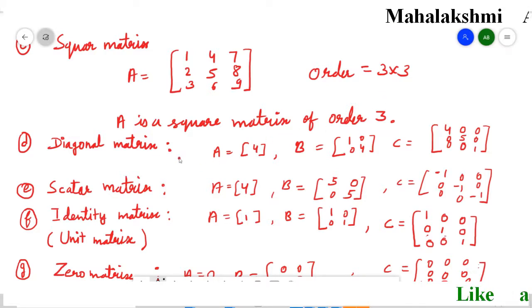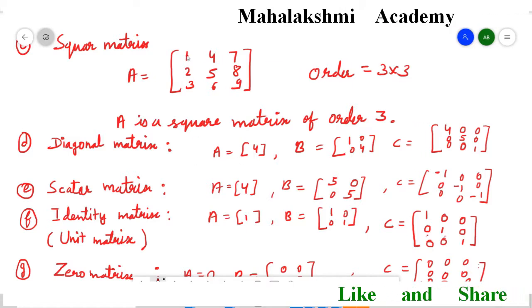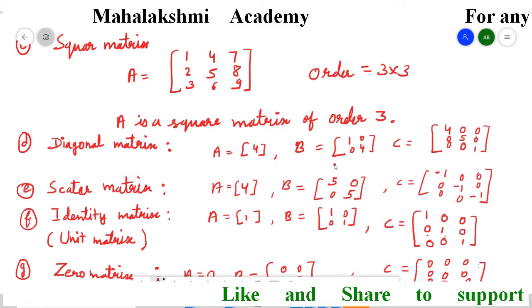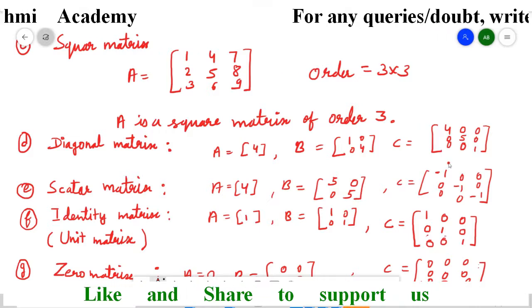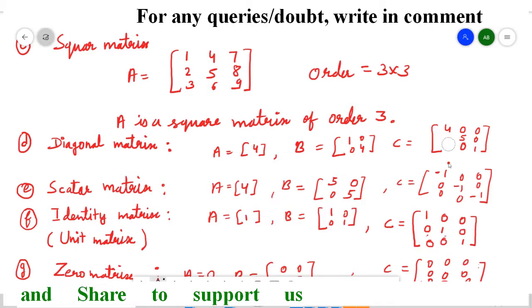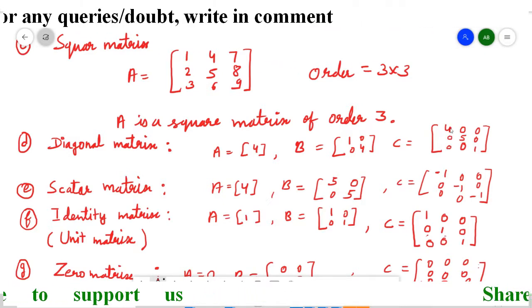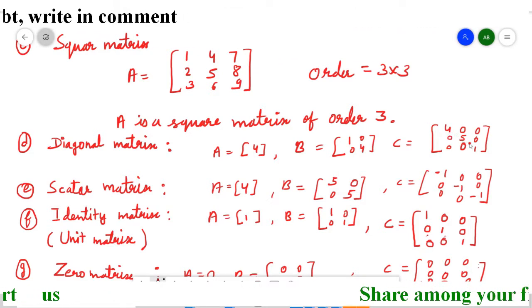Now the diagonal matrix. A diagonal matrix means a matrix in which only the diagonal has the elements, other numbers are 0. Like here, just see, I write it, it's 0 and 0. See this matrix, in this only the diagonal has the elements. This is named the principal diagonal.